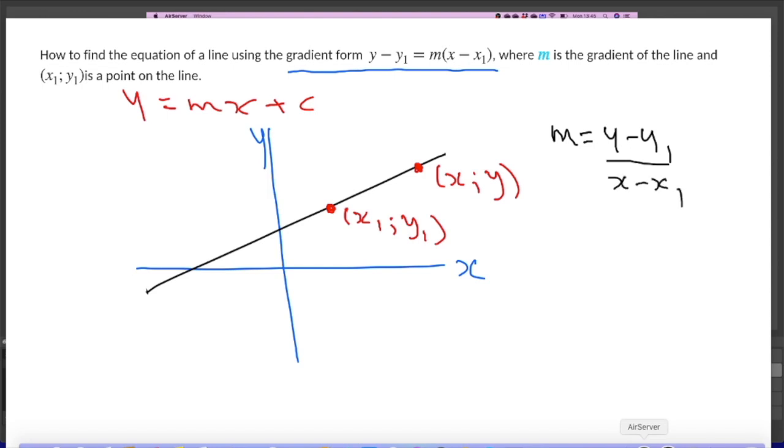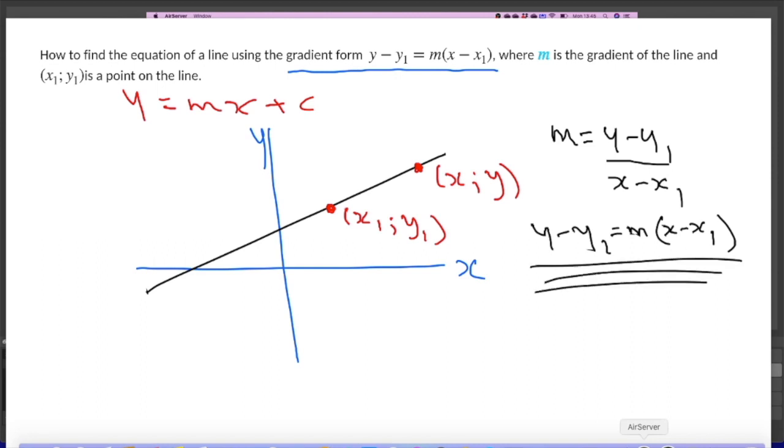Right, if you rearrange that equation, you should get y minus y1 is equal to m multiplied by x minus x1. So I'm just multiplying both sides by the common denominator x minus x1. So you end up with an equation like that. So we can actually use this to work out equations of lines.